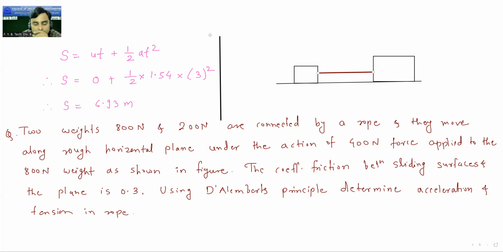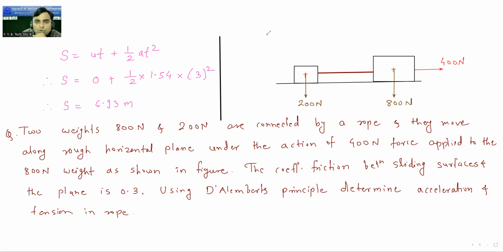And then 400 Newton force is applied over here on this block. This is 400 Newton force. Now these are the centroids of the block. So from the centroid, the weight of the block is acting. What is the weight? This is 200 Newton. This is 800 Newton.